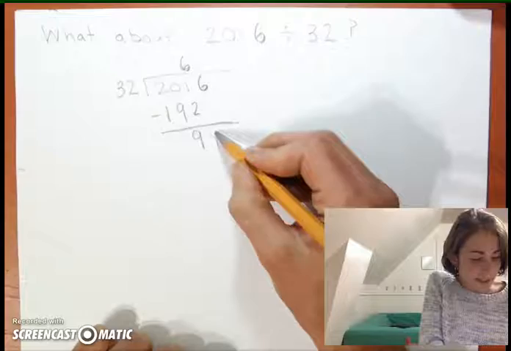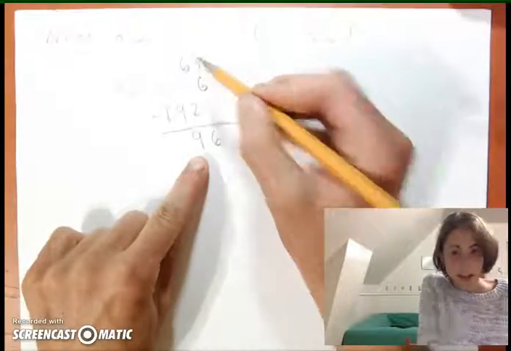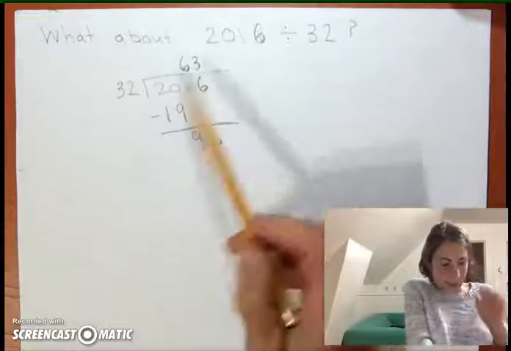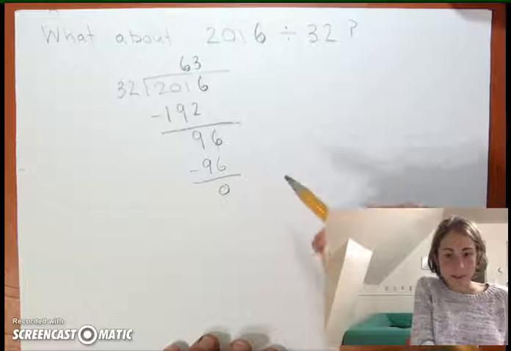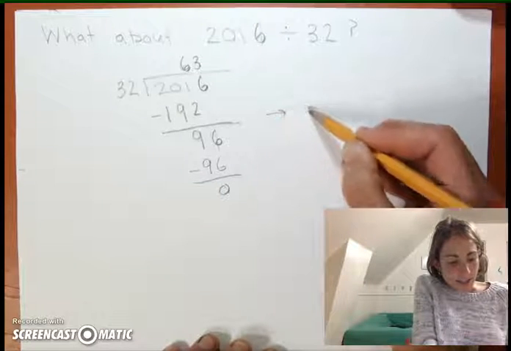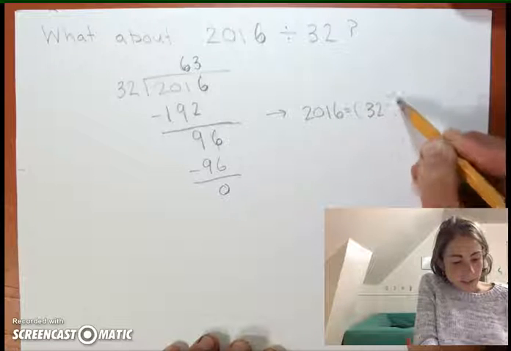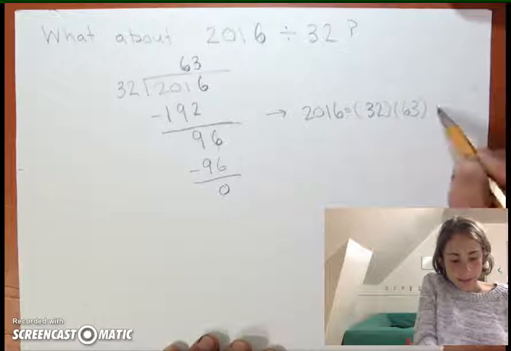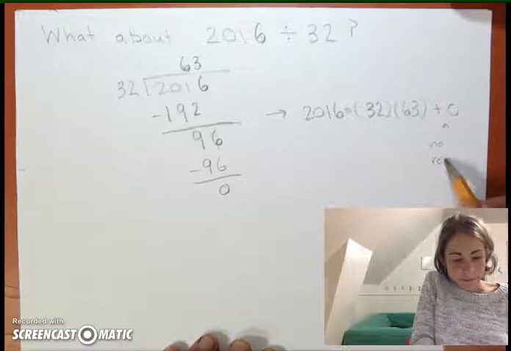Bring down the 6, I get 96. 32 goes into 96 3 times. 3 times 32 is 96. Subtract that, I get 0. So this says that 2016 is equal to 32 times 63 plus 0, no remainder.